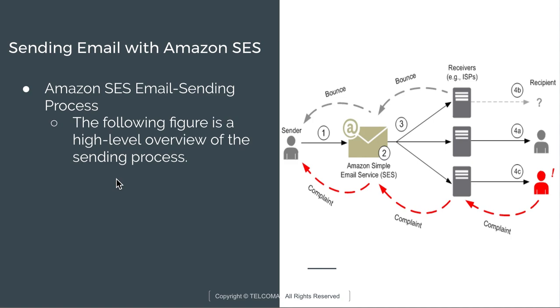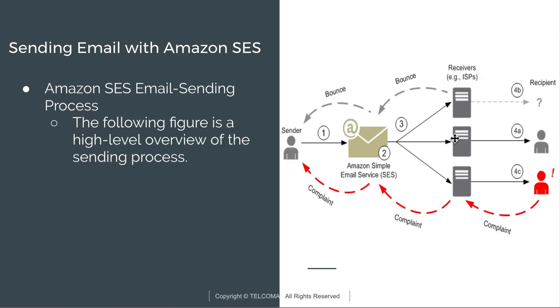So Amazon Simple Email Service, this is the sending process. Here we have a sender and this is a recipient. Here we have numbers 1, 2, 3, 4, 4A, 4B and 4C, because we have user 1, 2 and here we have no user.